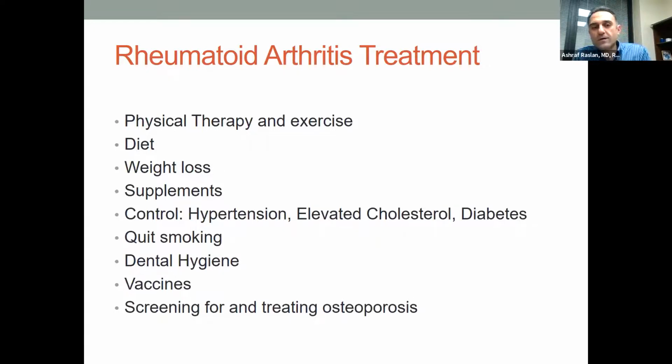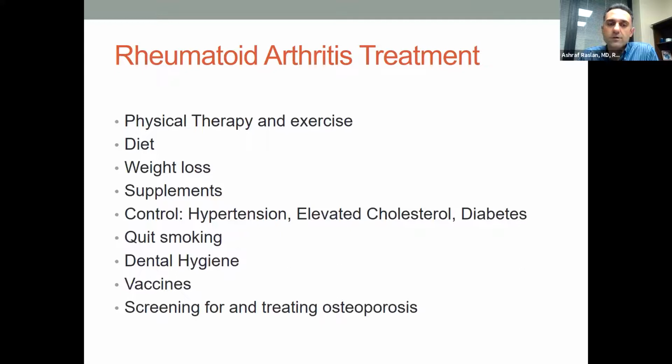With all the studies that have been done, there is no evidence that food sensitivity or food intolerance can worsen RA or cause RA. However, if someone notices that certain foods cause more inflammation or more joint pain, then it's not a bad idea to avoid or eliminate that food.